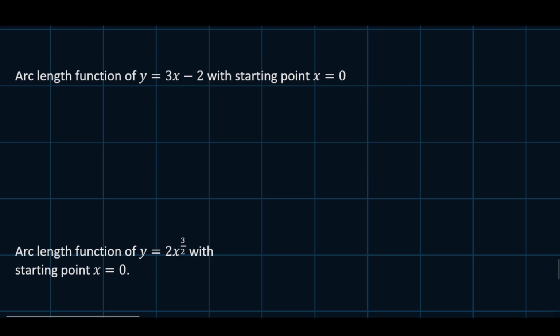Okay, so if we go back to our examples, what we'll get now is the arc length function. So suppose we want to find the arc length function of y equals 3x minus 2 with starting point x equals 0. So our setup does not change. However, this time, we take f prime of x and write it as f prime of t.